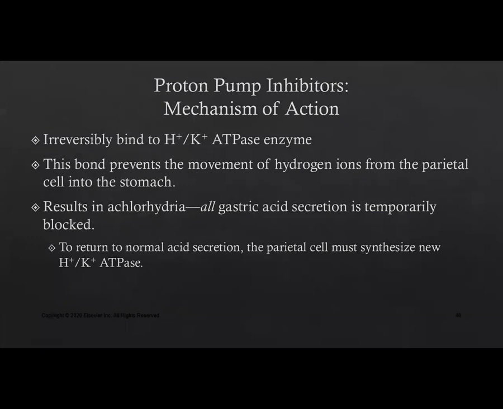So they're going to irreversibly bind to H plus, K plus ATPase enzymes. This bond prevents the movement of hydrogen ions from parietal cells into the stomach, which results in achlorhydria. All gastric acid secretion is temporarily blocked. To return to normal acid secretion, parietal cells must synthesize new H plus, K plus ATPases.